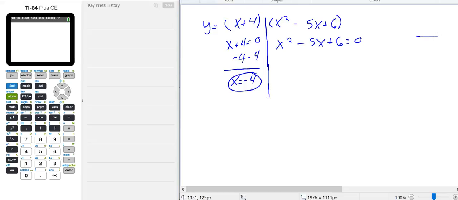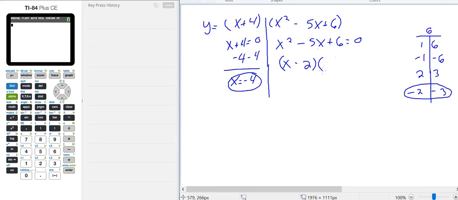To do that, we need to find factors of positive 6 that add up to negative 5. Factors of positive 6 are positive 1 and positive 6, negative 1 and negative 6, positive 2 and positive 3, negative 2 and negative 3. The factors that add up to negative 5 are negative 2 and negative 3. So we're going to write out our factors. x minus 2 times x minus 3 is equal to 0.